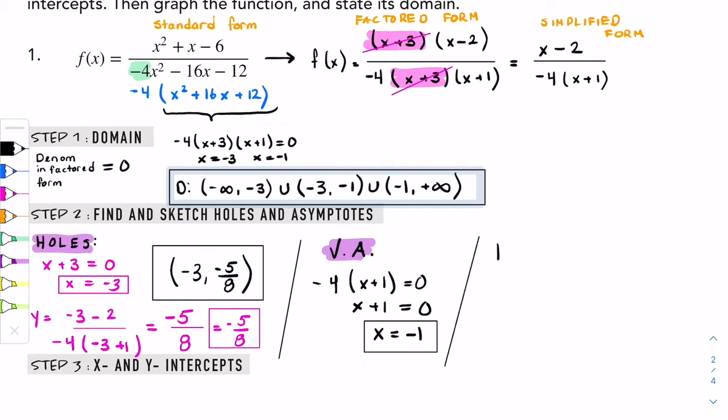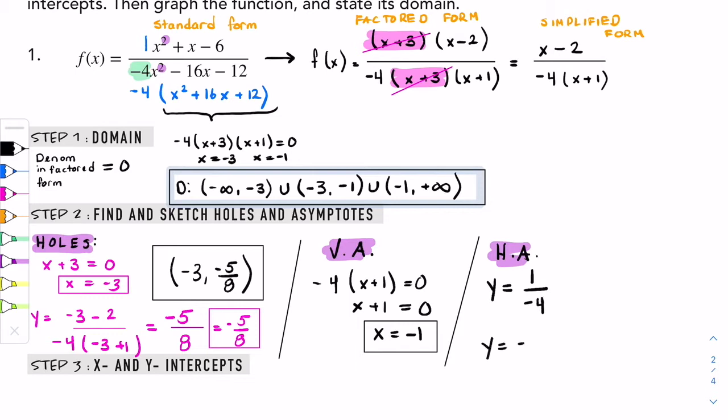Next, we'll find our horizontal asymptote. The horizontal asymptote is always found by looking at your standard form. And from standard form, you look at the degree of the function. In this case, the degree is the same for both the numerator and the denominator. So you set up a fraction, y equals the leading coefficient of the numerator, which is 1, over the leading coefficient of the denominator, which is -4 in standard form.